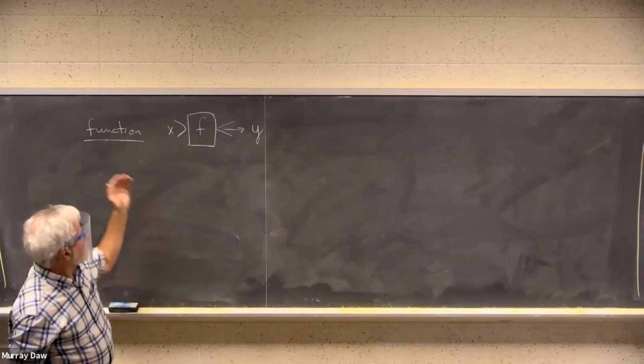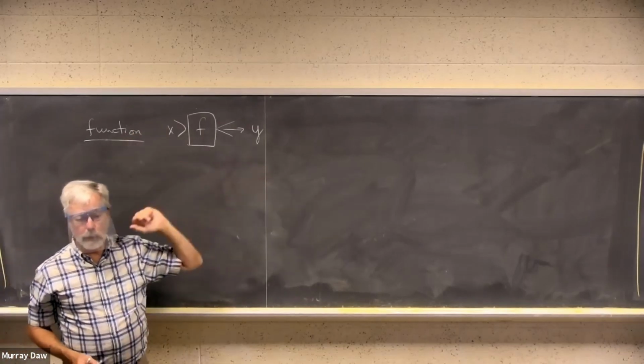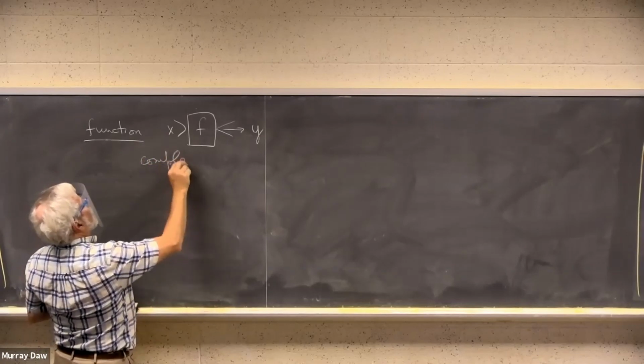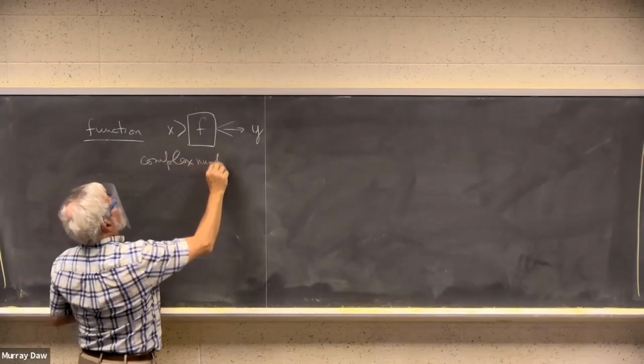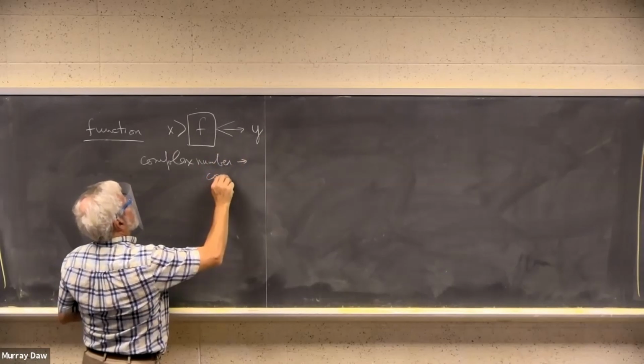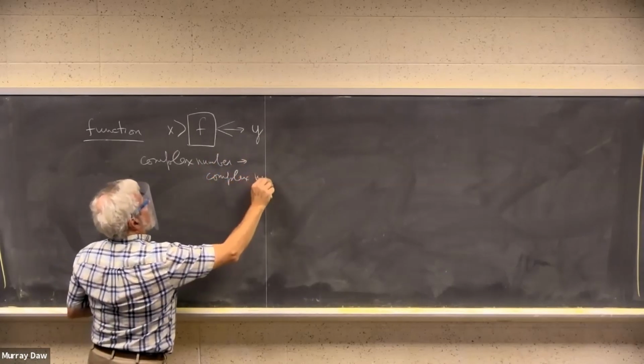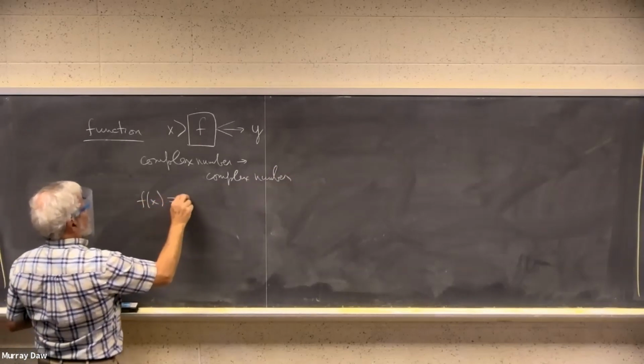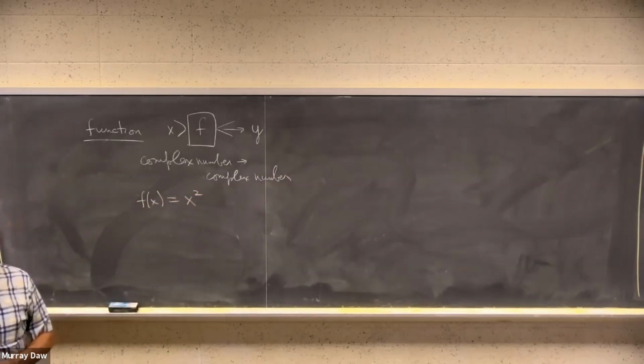So the input could be a complex number, the output could be a complex number. So we could talk about functions mapping a complex number in general to a complex number. Example of a function is just x squared. Just multiply the number by itself. If it's a complex number, it's the square of that complex number. So it's also, again, a complex number. That makes sense.